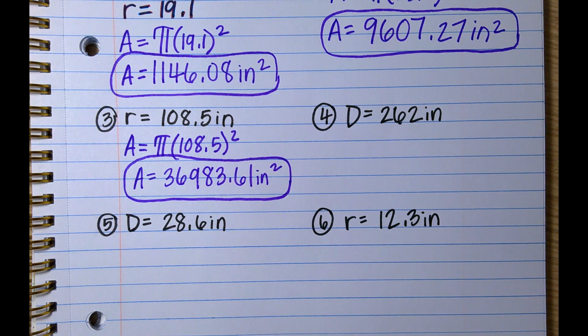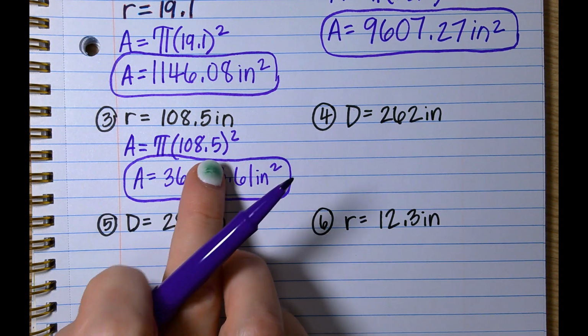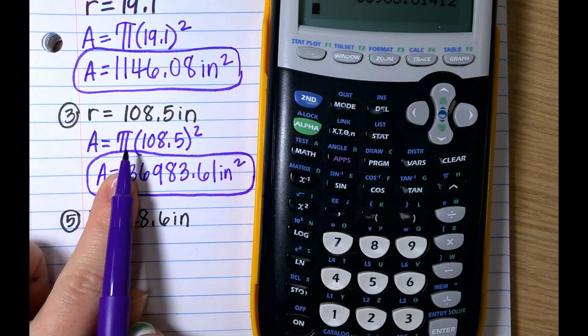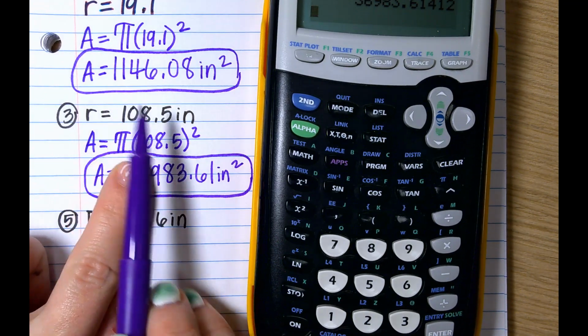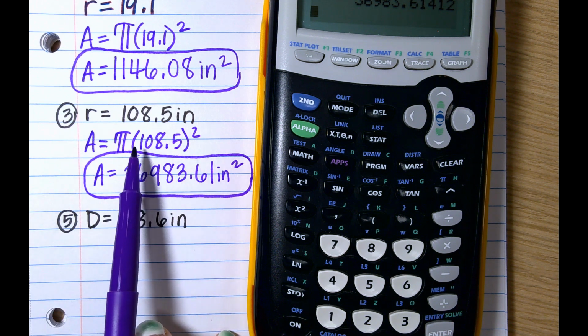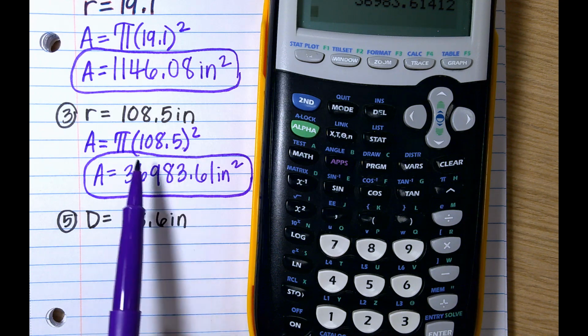Erica? I guess the calculators take where you place pi, whether it's before or after the number, because I do 1,070. Now, do you know why it makes a difference where you put pi? If we have it written like this, pi times 108.5 squared, 108.5 is the number that's getting multiplied by itself.